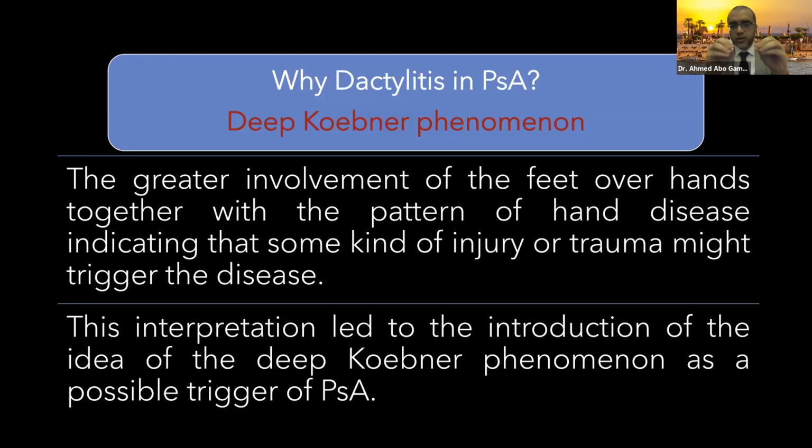And this theory is supported by the pattern of dactylitis, which usually occurs in the dominant hand and the most functional fingers, the index and thumb, and also in the feet in the toes most exposed to trauma and friction. So this supports that there is something called the deep Koebner phenomenon that could initiate dactylitis.